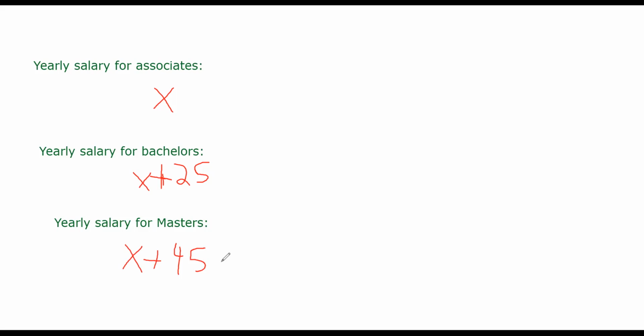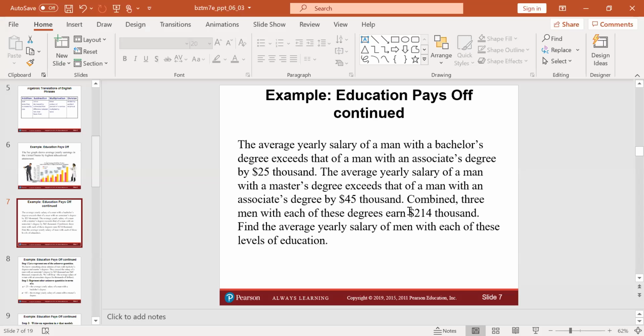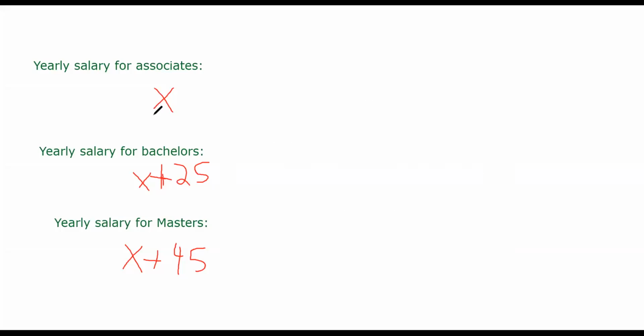Now, do you guys remember, we remember that combined, if I added all three of their salaries together, it would come out to $214,000. In other words, if I do this one plus this one plus this one, what should that equal? 214, exactly.